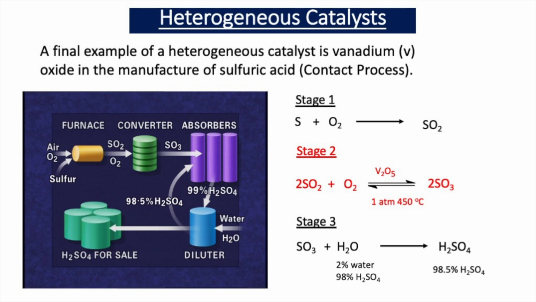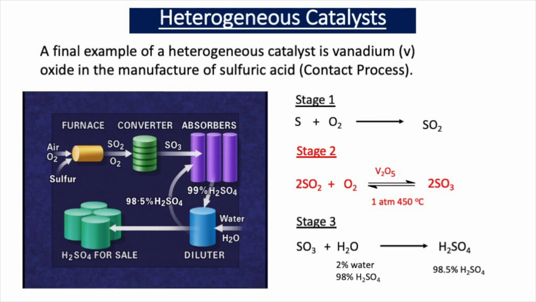Now another industrial process that relies on a heterogeneous catalyst is the contact process. The contact process is the name of the process that makes sulfuric acid. And one of the key stages in this reaction relies on a heterogeneous catalyst, vanadium(V) oxide, V2O5. In the process of making sulfuric acid, the first step is to burn sulfur in a furnace to produce sulfur dioxide.